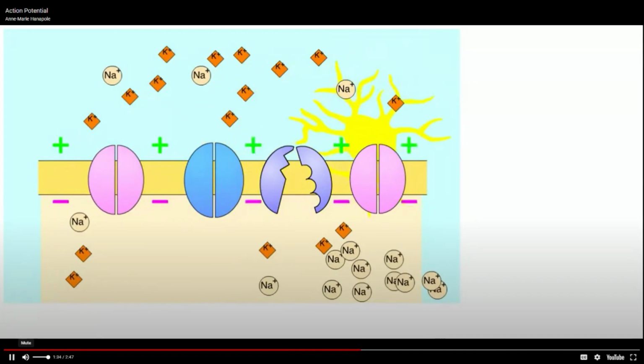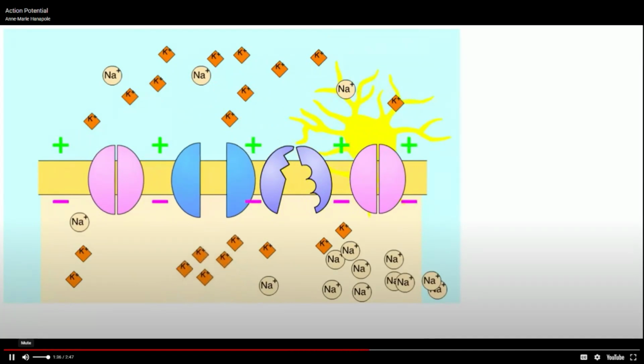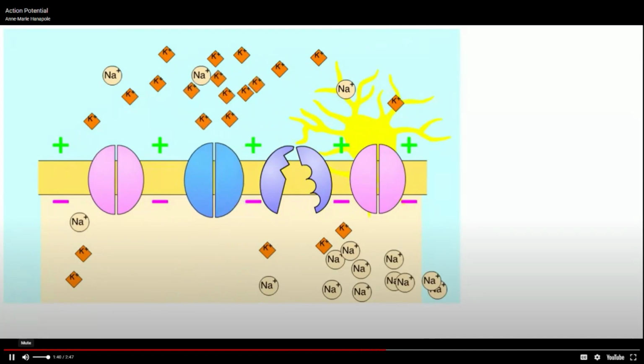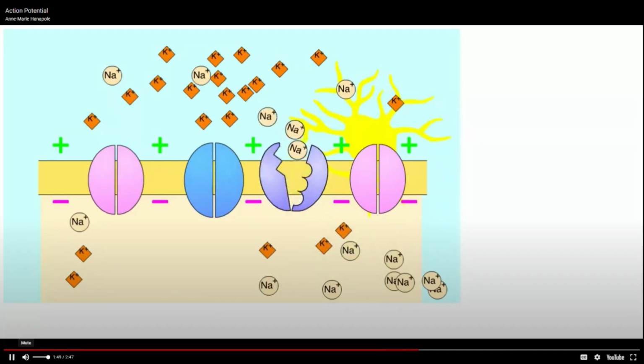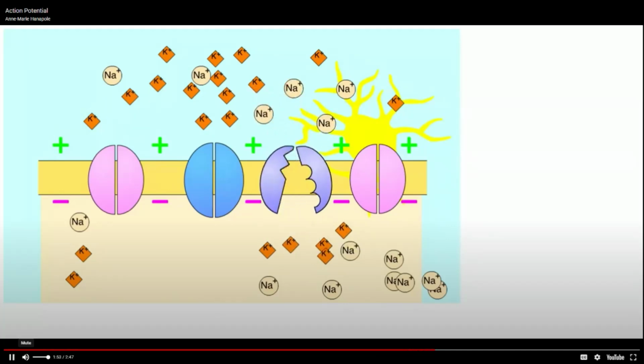In this way, the action potential travels down the neuron like a wave. The efflux of potassium ions during the falling phase of the action potential restores the negative charge inside the neuron. Meanwhile, the sodium-potassium pump has been shuttling sodium ions out and potassium ions in, re-establishing the resting distribution of sodium and potassium ions.